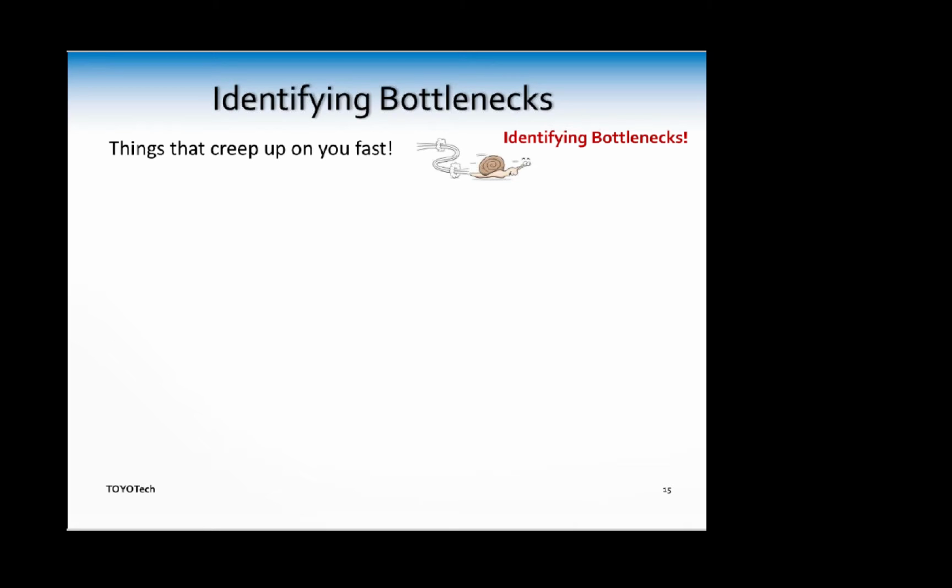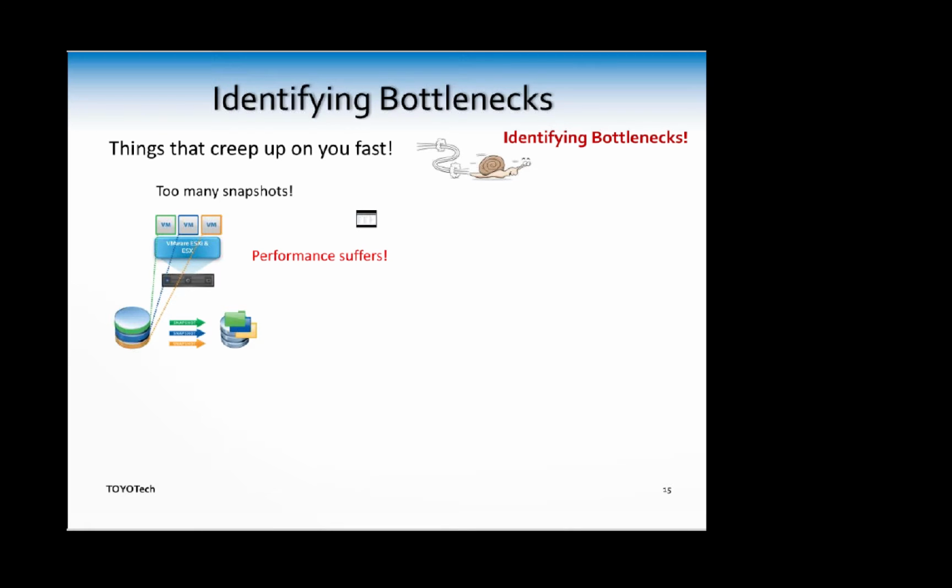Okay. Let's talk about bottlenecks or things that creep up on you fast when you're not paying attention, right? They can quickly become performance bottlenecks. Say too many snapshots. Now, I looked it up in VMware best practices, recommends a maximum of 32 in a chain, but for best performance you're only supposed to have 2 or 3.